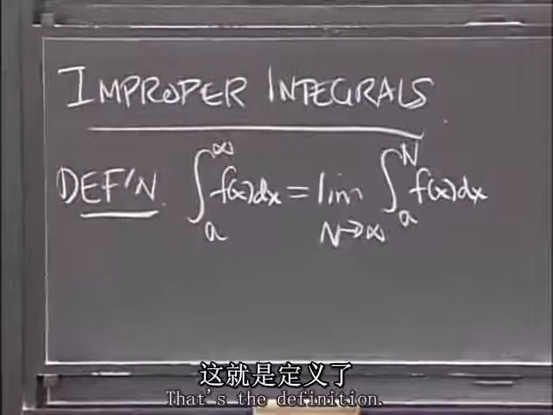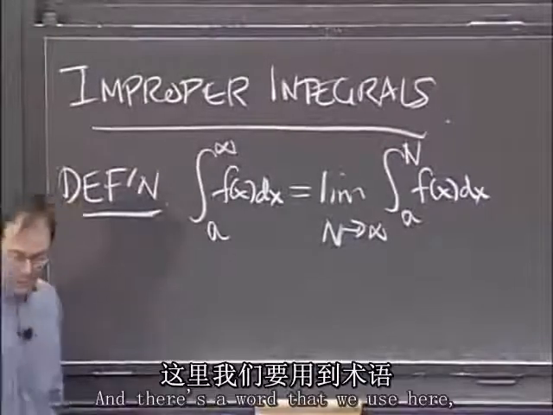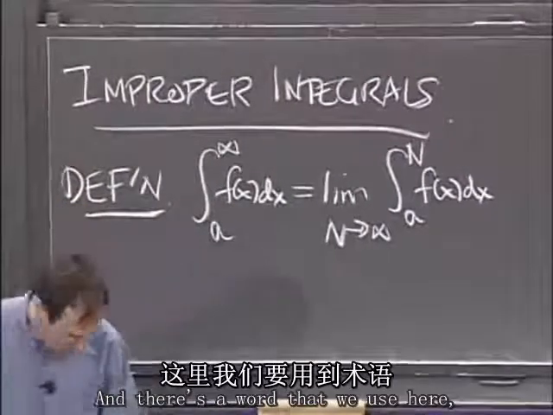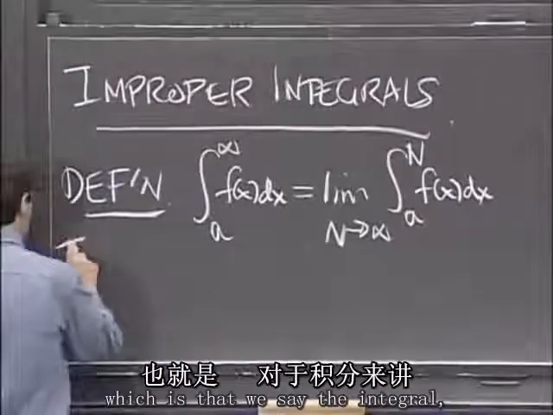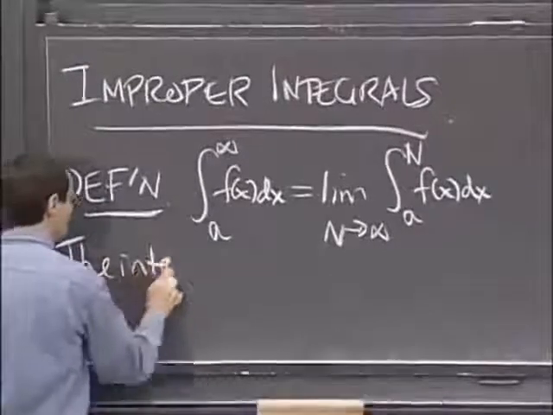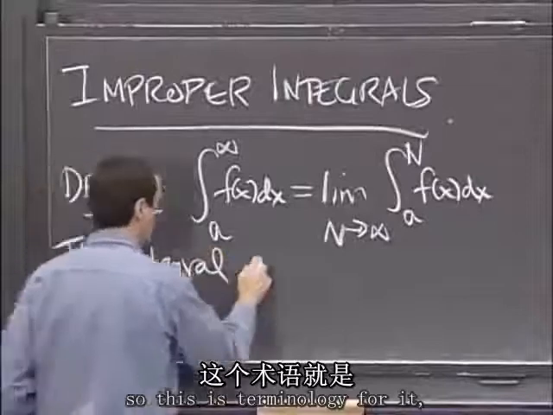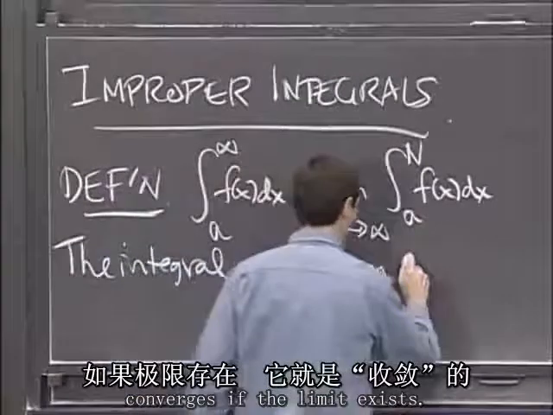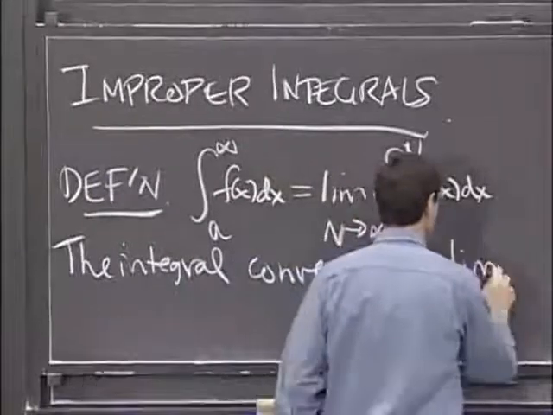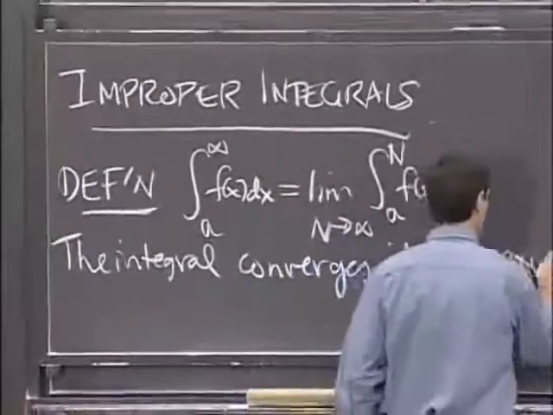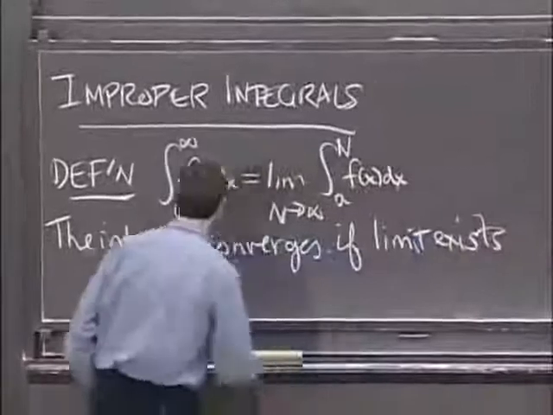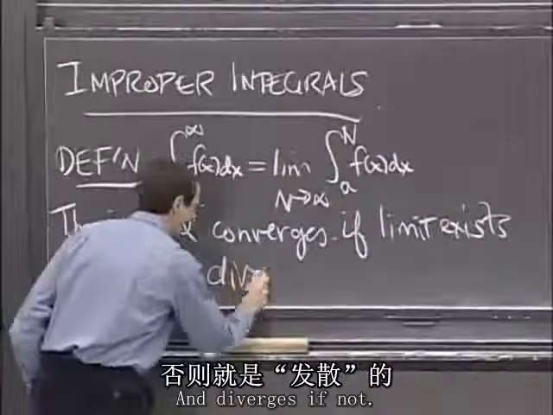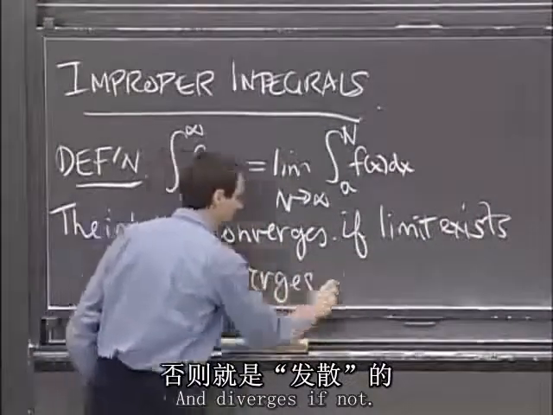Well, that's the definition. And there's a word that we use here, which is that we say the integral, this is terminology for it, converges if the limit exists and diverges if not.